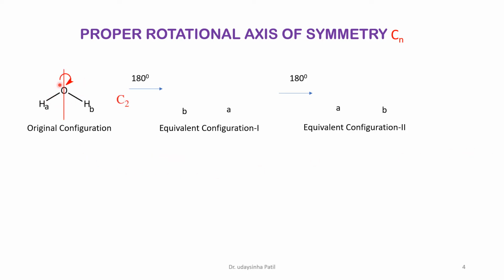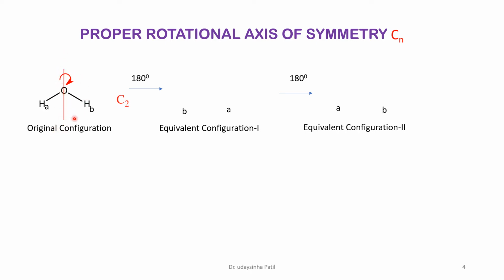Here is one example, considering water, H2O, HA single bond O, single bond HB. A and B are notations given for our convenience, considering HA and HB. And this is the axis passing through oxygen.